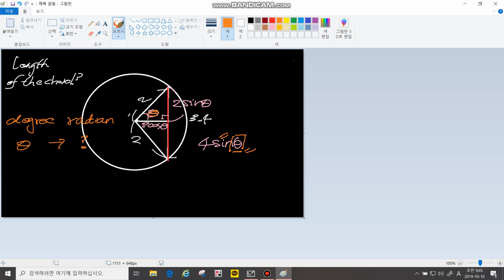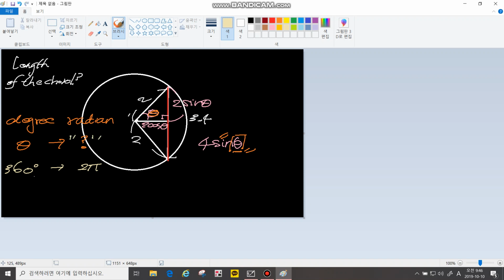Now, how do you do that? First, if degree is 360, you know that the radian has to do with the circumference, right? It's 2 pi r. So for 360, the radian is actually not 2 pi r, it's 2 pi. So what I'm saying is 360 is 2 pi. Then we want to know if this is theta, then what is this r question mark?